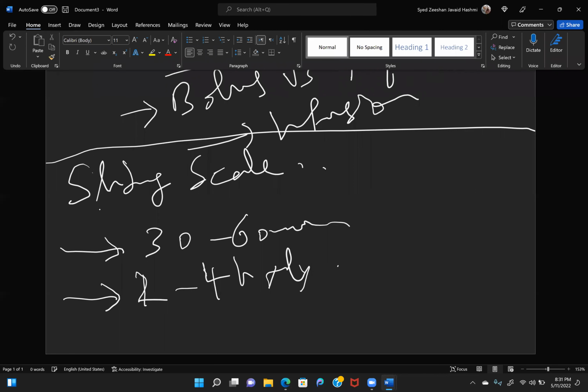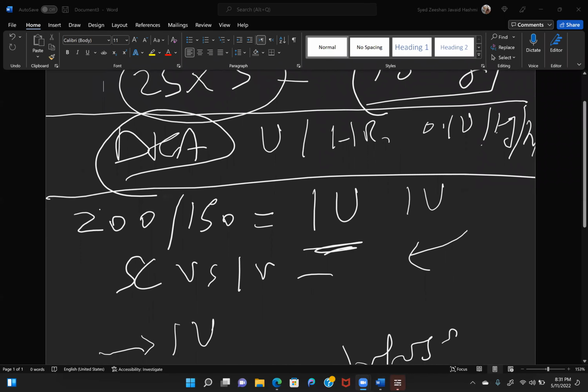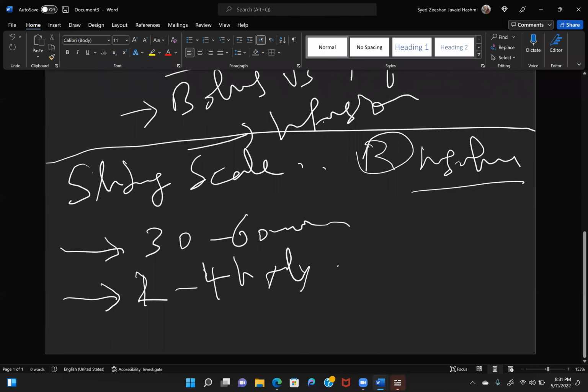How much is the half-life of insulin? 30 to 60 minutes of regular insulin. In which route: IV, subcutaneous, or infusion?